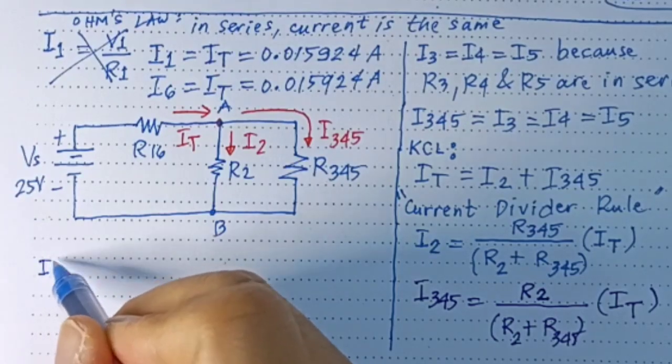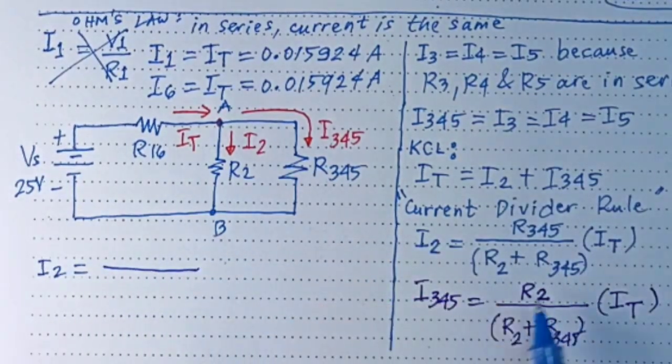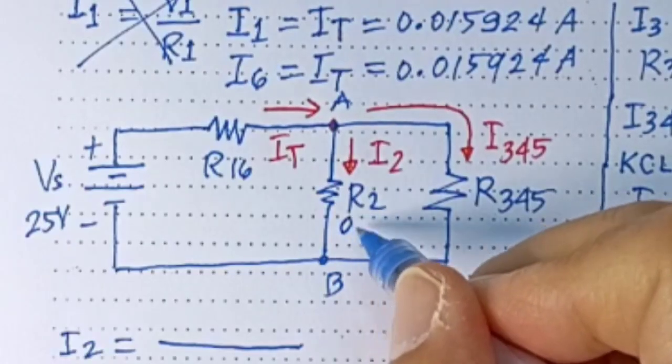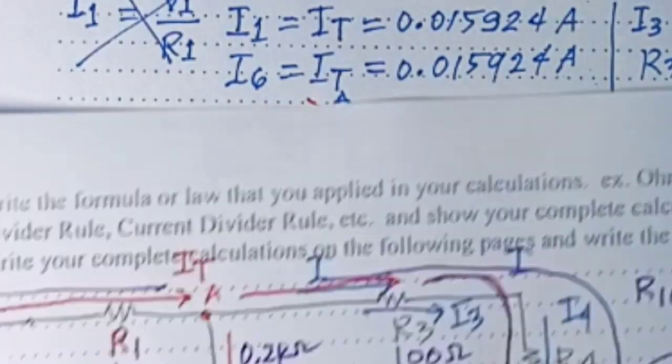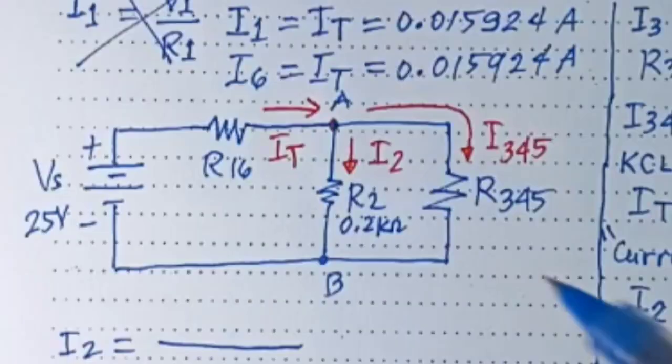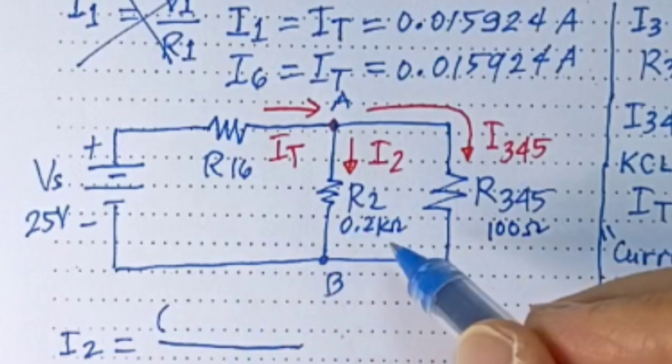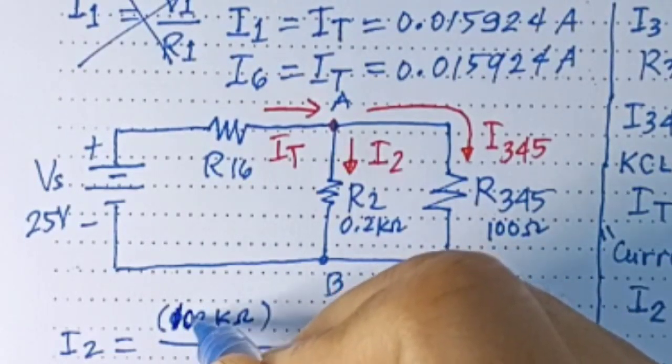Okay, let's try it. Let's use I2 equals R2 plus R345. How much is our R2? 0.2 kilo ohms. And our R345 was 100 ohms. So we can write here 100 ohms.